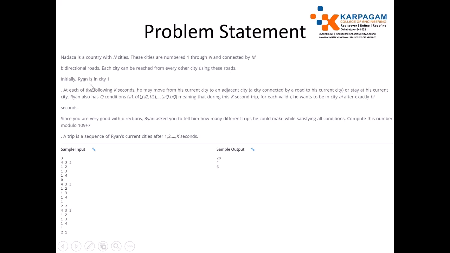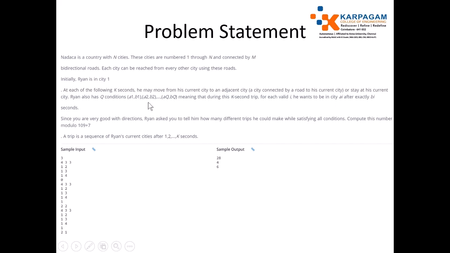Initially, Rian is in city 1. At each of the following k seconds, he may move from his current city to an adjacent city or stay at his current city. Rian also has q conditions a1, b1, a2, b2 up to aq, bq, meaning that during his k second trip, for each valid i, he wants to be in city ai after exactly bi seconds.